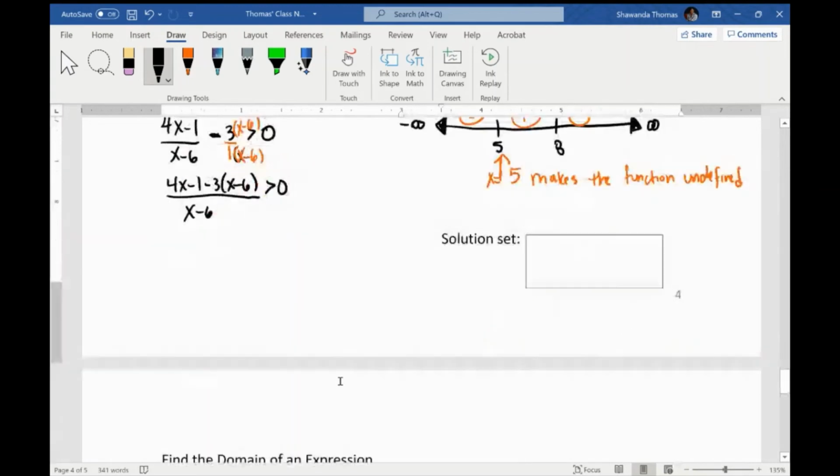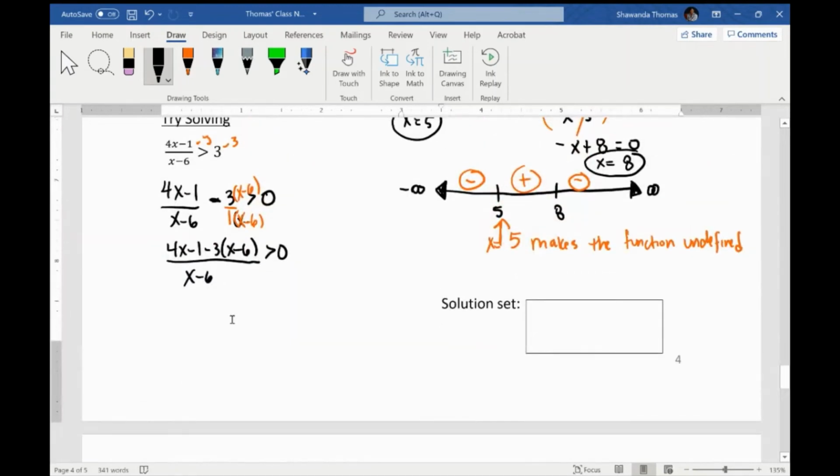All right, y'all tell me what do you get once you simplify all of this? What do you get? x minus 17 over x minus 6. X is right.